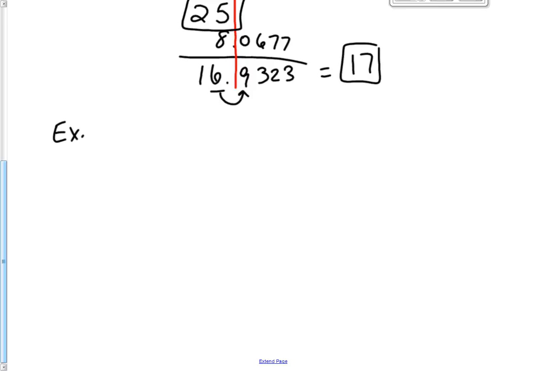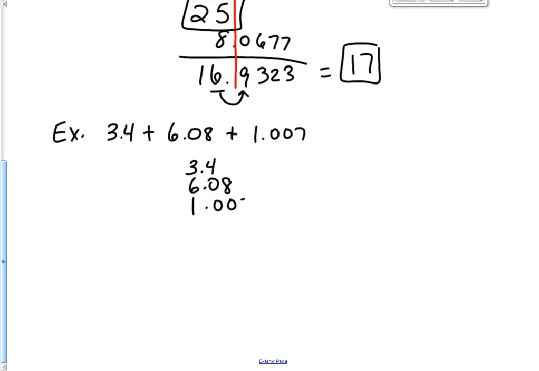We've got 3.4 plus 6.08 plus 1.007. Okay. So to do this visually, you're going to go 3.4, 6.08, 1.007.